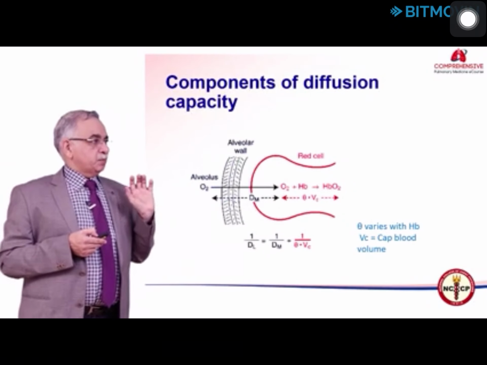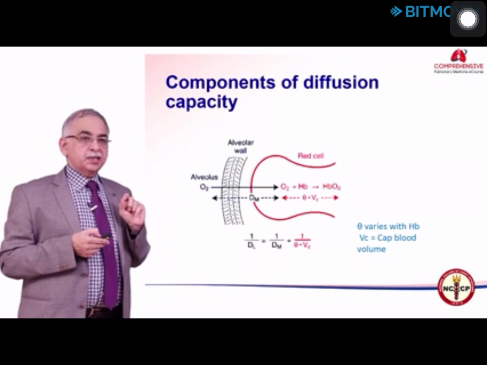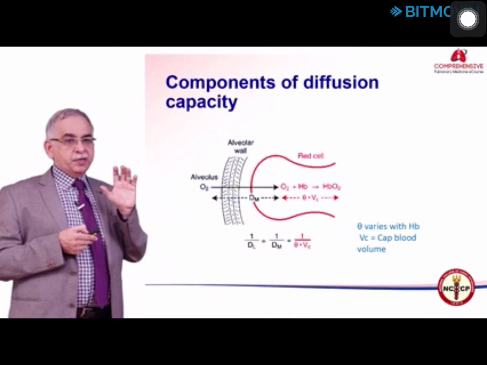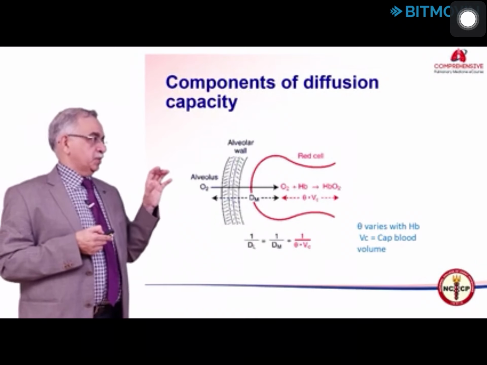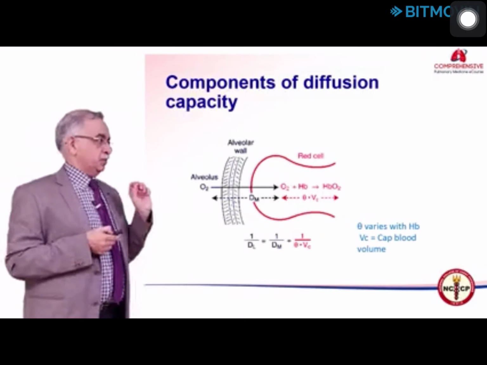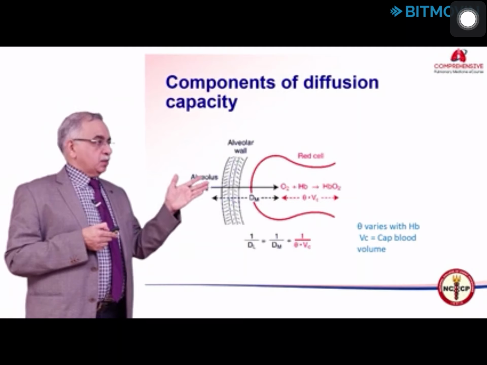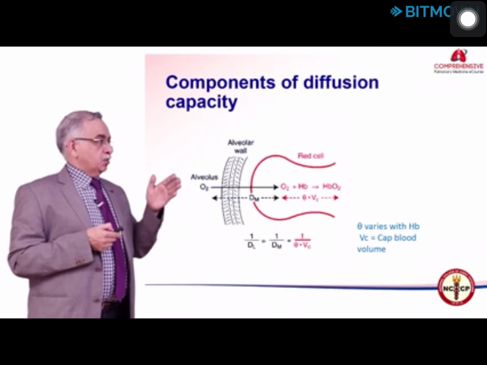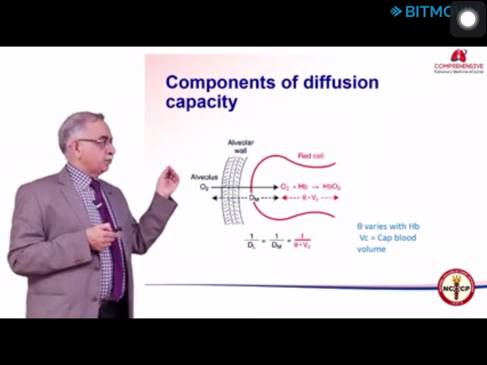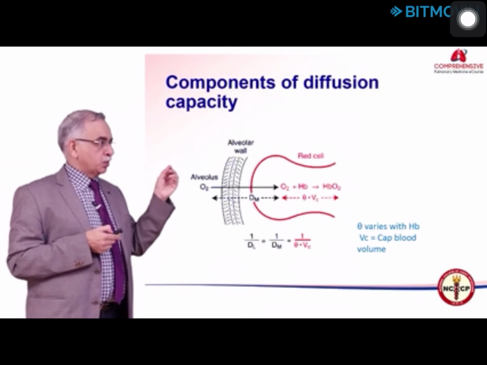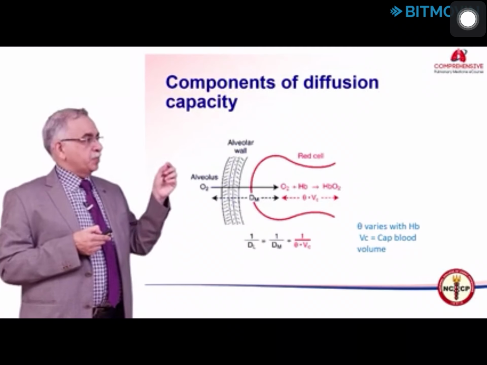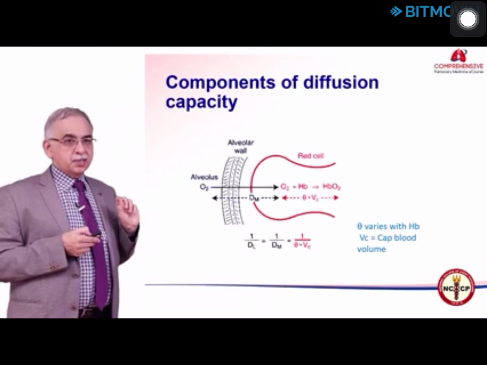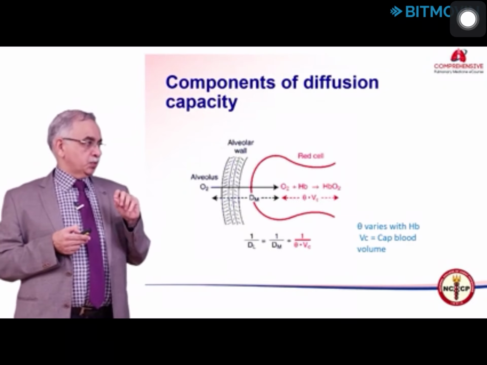This diagram shows the path of the gas transfer, and as we can see, there are different components which are measured in measurement of diffusion capacity. On one side is the alveolus, the other side is the red cell. So, oxygen on the alveolar side diffuses through the alveolar wall, going through the liquid interface, through the solids, enters the red cell and then combines with the hemoglobin to give HbO2.